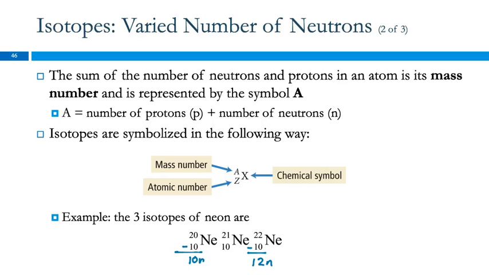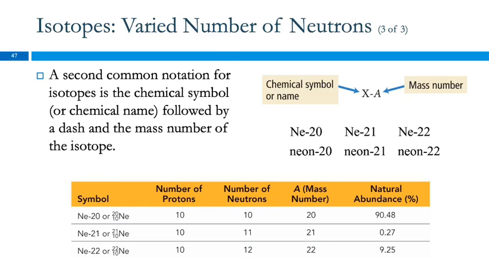Those nuclear symbols are a pain to put into the computer with the superscript business. And so there are other ways that are easier to write to indicate the isotope. These involve just using the chemical symbol or the name followed by the mass number.